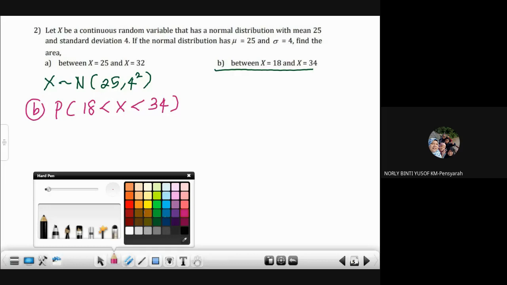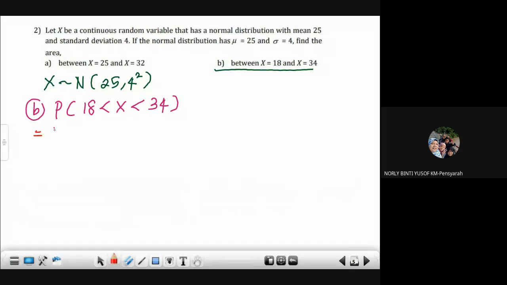So you need to standardize the score Z. Same probability, write the P in front. 18 minus 25, divided by 4, and Z for 34 minus 25 over 4.